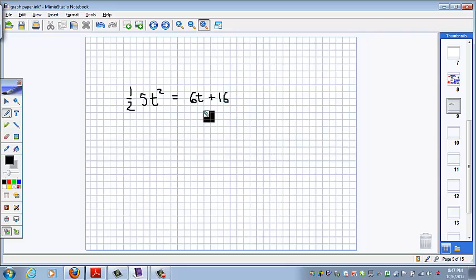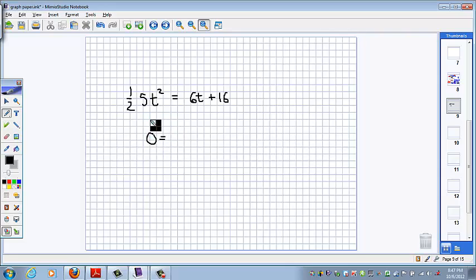This is a little bit of a nasty problem to solve because we've got t squareds, t's, and regular numbers, and that's going to end up needing a quadratic equation or perhaps some clever factoring along the way.